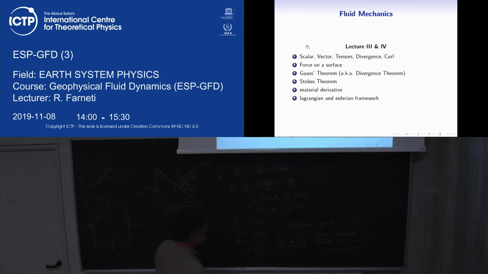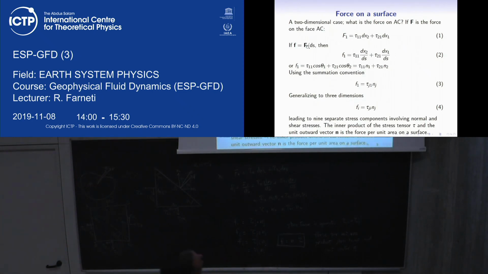What is big F and small f? So F is all the forces, and then you do it per unit area. Okay, so take a simple two-dimensional case, to make it simpler. What is the force on AC? Okay, so what is F per unit area?